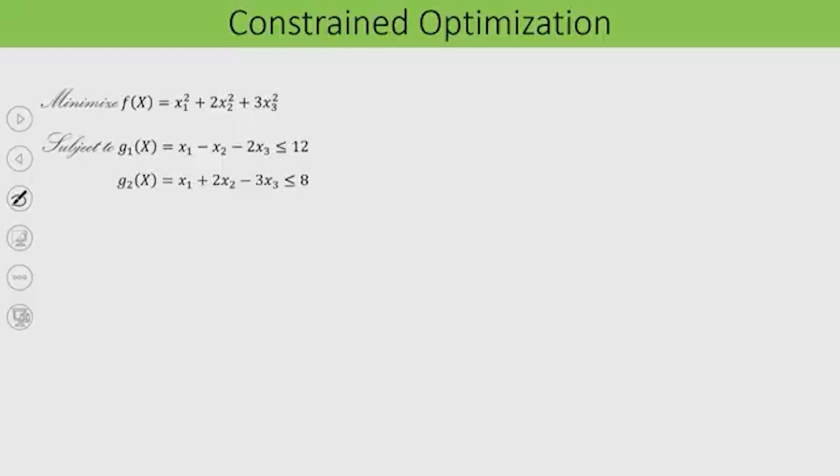Okay. So, this is a minimization problem. Minimize f x equal to x 1 square plus twice x 2 square plus thrice x 3 square, and we have two constraints here, subject to z 1 x, which is x 1 minus x 2 minus twice x 3 is less than equal to 12, and z 2 equal to x 1 plus twice x 2 minus thrice x 3 less than equal to 8.